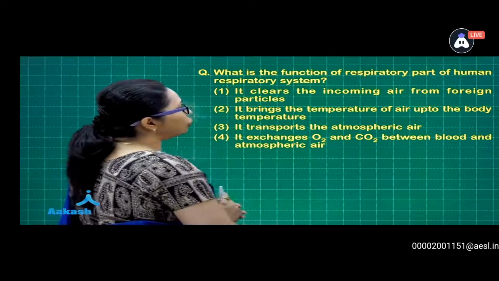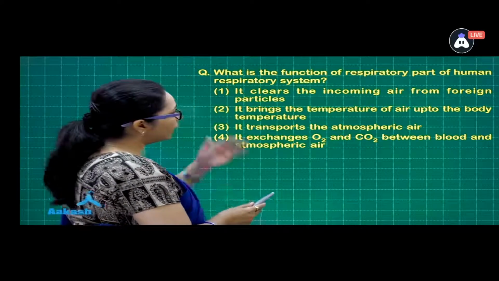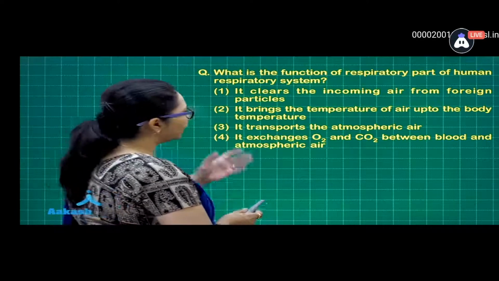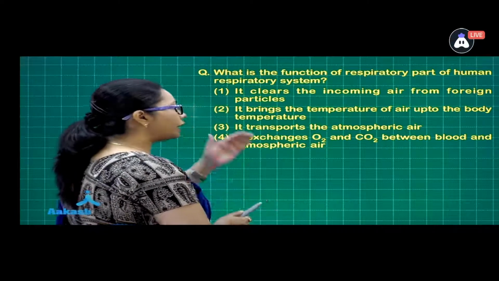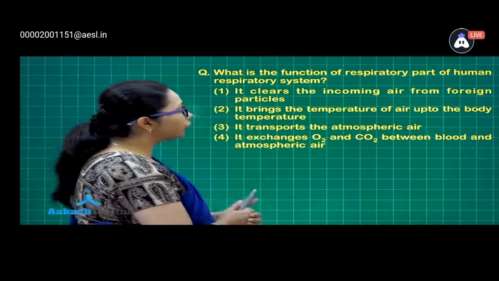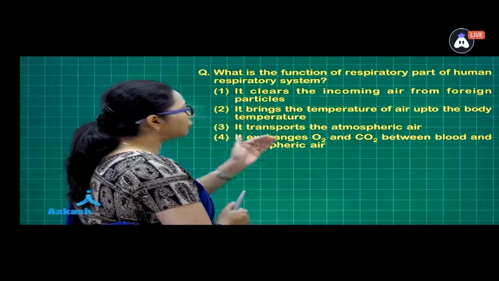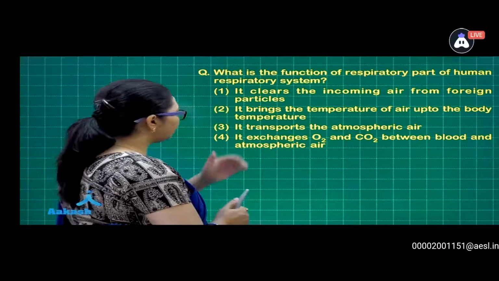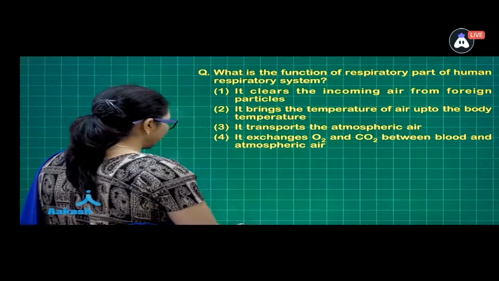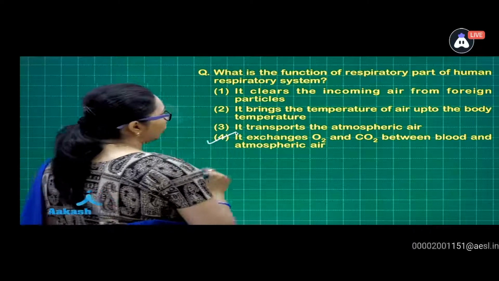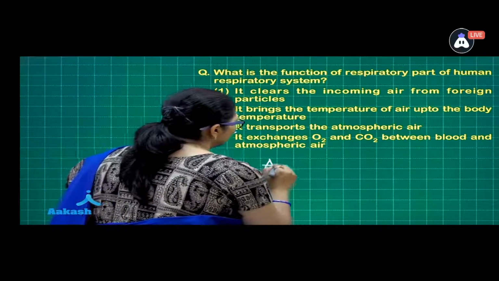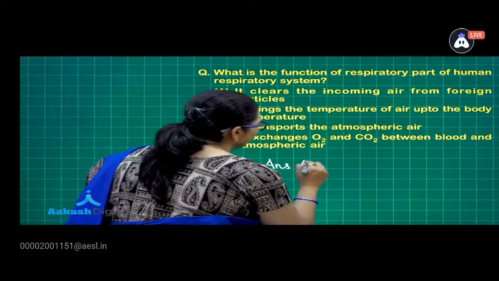It brings the temperature of air up to the body temperature, that is again the conditioning function of the nasal cavity. It transports the atmospheric air, that is the entire bronchial tree doing that. It exchanges O2 and CO2 between blood and atmospheric air. Now this is the correct choice. So our answer is option 4.